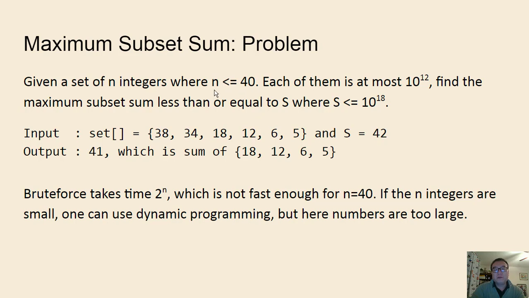But when n is 40, n is not that large, and we can use the meet in the middle technique by computing things about half of the set, storing them, and then looking them up efficiently from the stored result. Essentially, we can take a square root of the time. Instead of doing 2 to the n, we can do 2 to the n over 2, and that turns out to be efficient enough when n is 40.